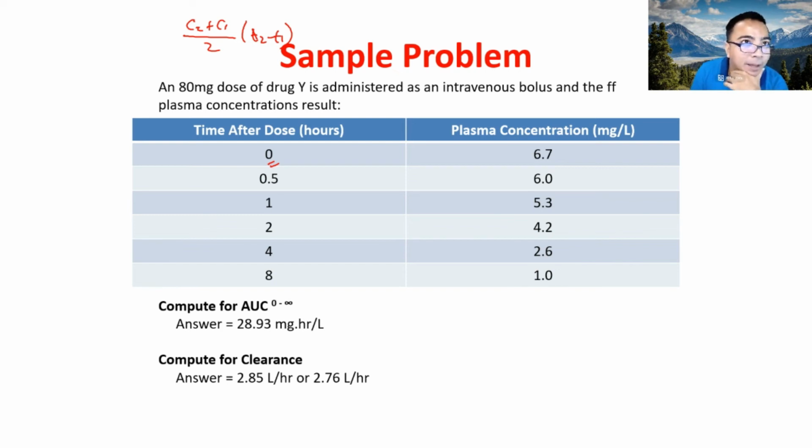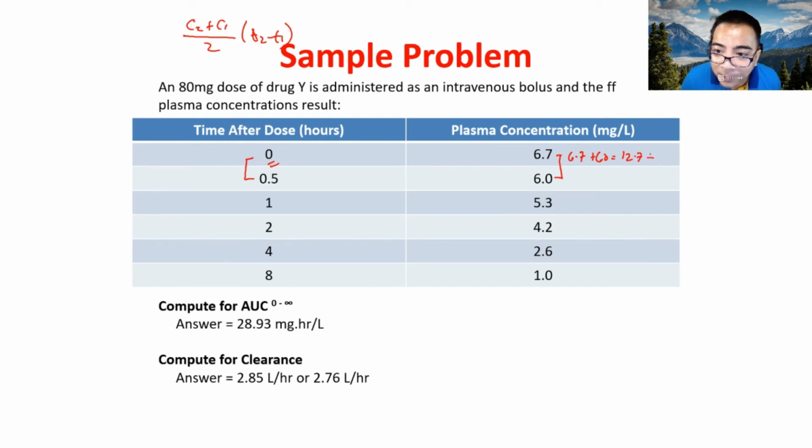So meaning I have to get my AUC from Tx to infinite time pa. And ang starting ko should be at 0 time. So again, I'm given here at 0 time. Now, when I'm given a problem like this, class, ang una kong ginagawa is pinagsasama ko muna to. Okay? So, kinakategorize ko yung mga to. Okay, because I know this is equivalent to one area. So, that's 6.7 plus 6, equals 12.7.